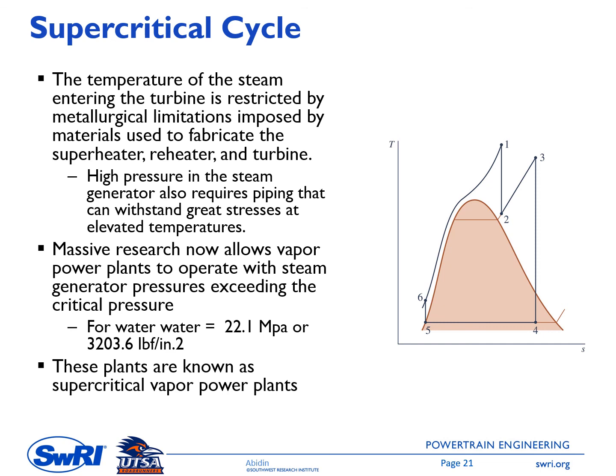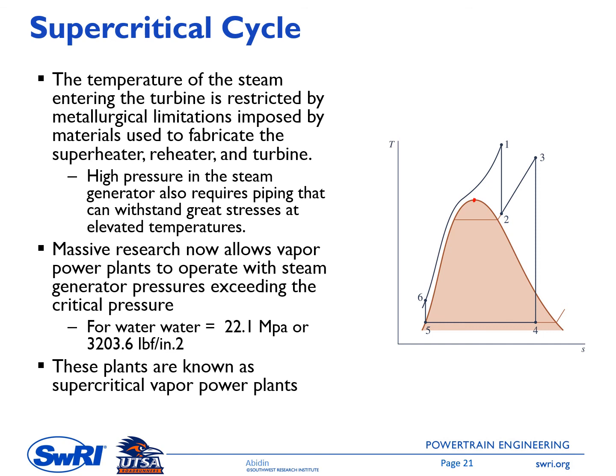Massive research now allows a vapor power plant to operate with steam generator pressure exceeding the critical pressure. If you look at this dome peak feature, the critical pressure is at this dome peak. So we have a critical pressure here, and we also have a critical temperature there.